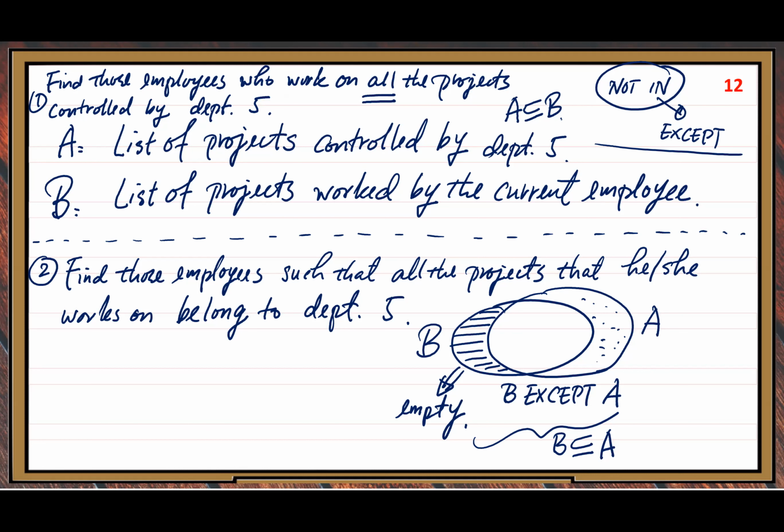The opposite direction. And the first one, that direction, is: this employee works on all the projects controlled by Department 5. That's the first version.